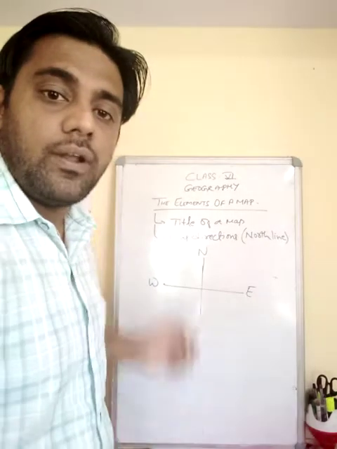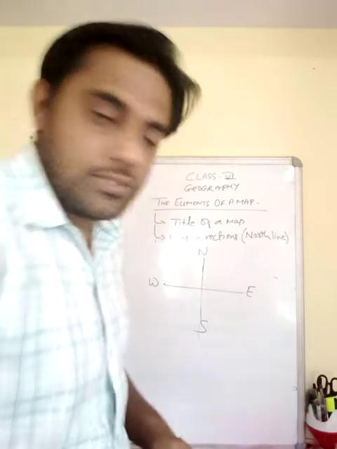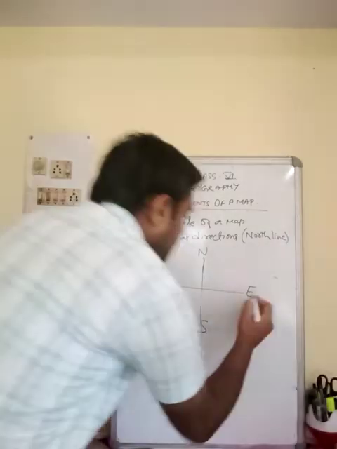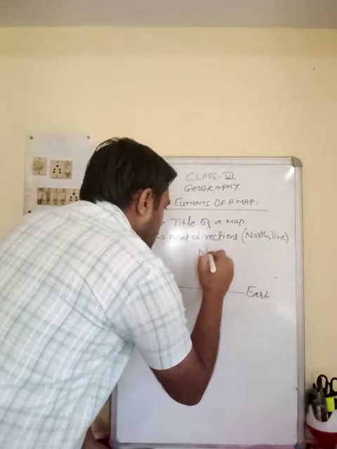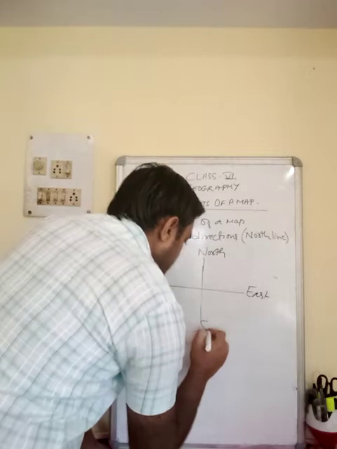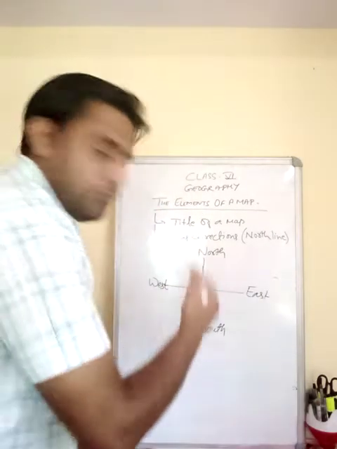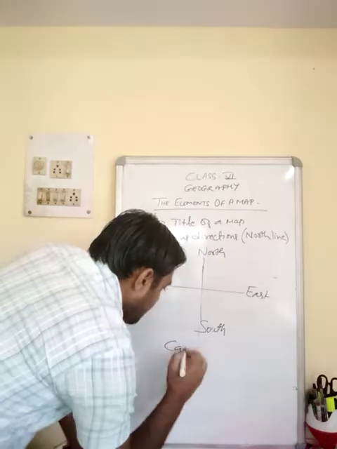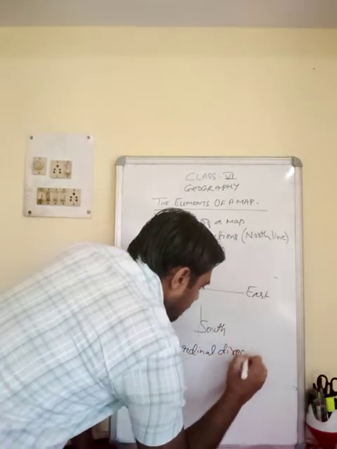These four are the primary directions. In the world of geography, these are also known as cardinal directions.